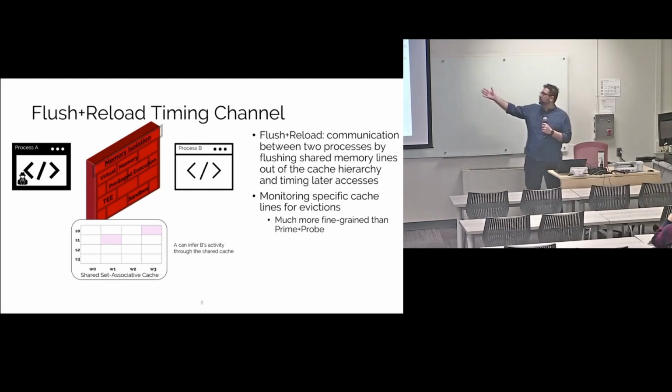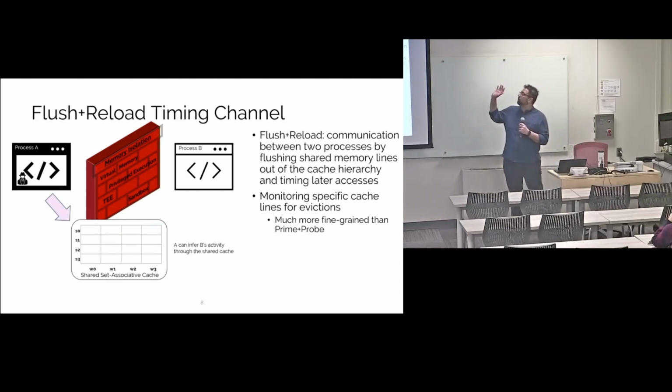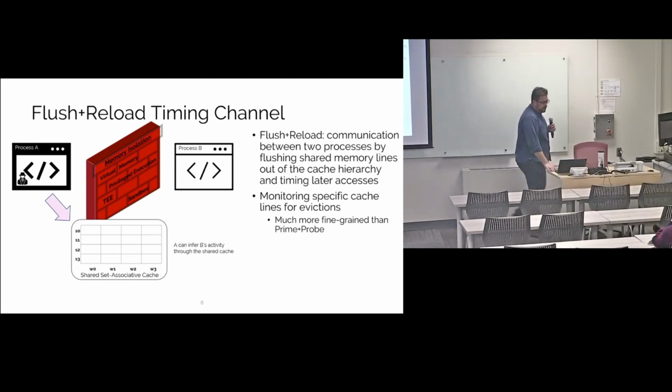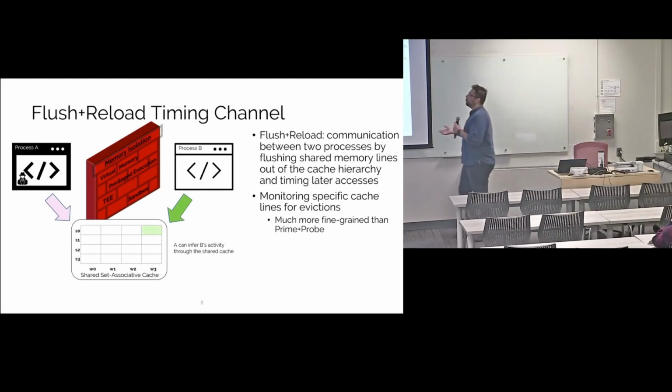So this is what it looks like. Let's say the cache has these two cache lines in it. Process A is going to flush these lines from the cache, so now they don't exist in the cache hierarchy. As I mentioned before, this is bringing the shared resource to a known state. Now it knows what's going on. Then it'll wait for process B to run, where let's say process B is using one of the shared cache lines and just loads this one.